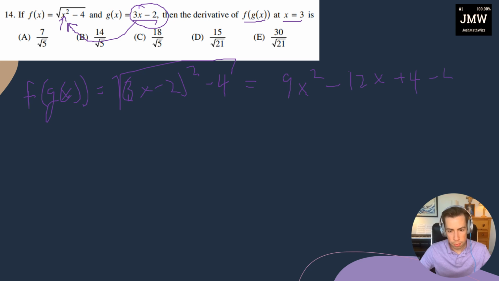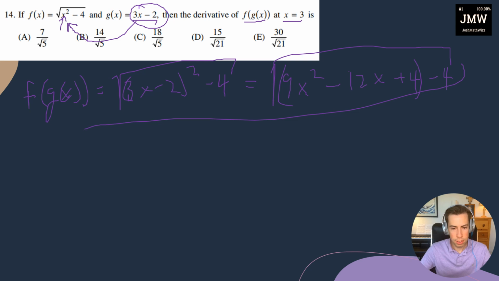And of course there's a minus 4, because this is all underneath the square root. So I can simplify that down further: I will have 9x squared minus 12x, and the 4's are going to cancel out, and I will be left with this as my function here.